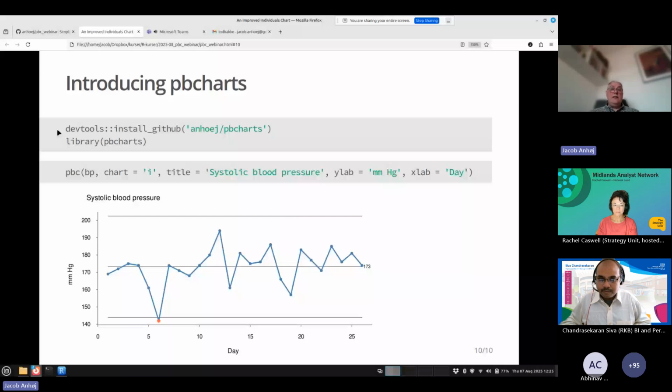I think we could discuss that also at the end of this session, when to use these I prime charts. But for the sake of this presentation, I will demonstrate the use of I prime charts for all types of data. Is that okay? Thank you, Doctor.